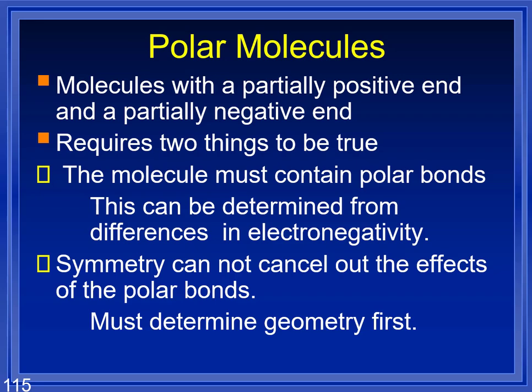So polar and symmetrical are opposites. Same on every side versus opposite ends. So you're either polar or you're symmetrical if you've got a polar bond. So let us look at some molecules and decide, are they polar or not?